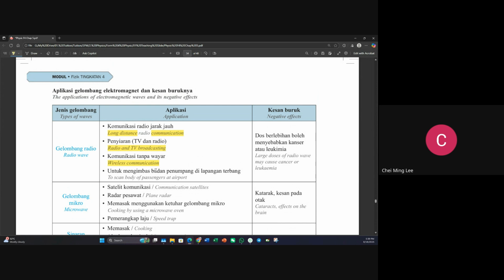Okay, and also to scan the body of passengers at the airport. This one is the metal detector.